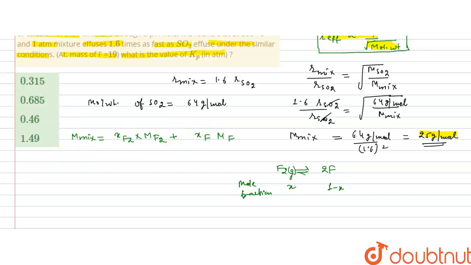The molecular mass of the mixture is 25 gram per mole, the mole fraction of F2 is x, into the molecular weight of F2. The atomic weight of F is given as 19 gram per mole, so the molecular weight of F2 would be 38 gram per mole.